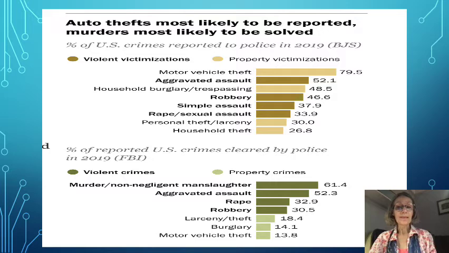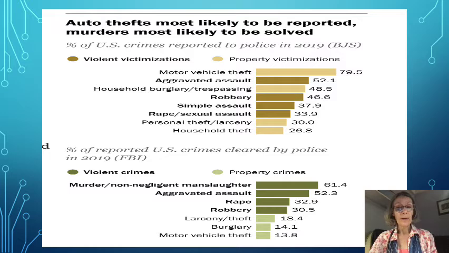This table from the Pew Research Foundation shows a comparison between the types of crimes that are most likely to be reported to police and the types of crimes that are most likely to be cleared by the police. In a little bit, we're going to be talking about the National Crime Victimization Survey, which is conducted by the Bureau of Justice Statistics.